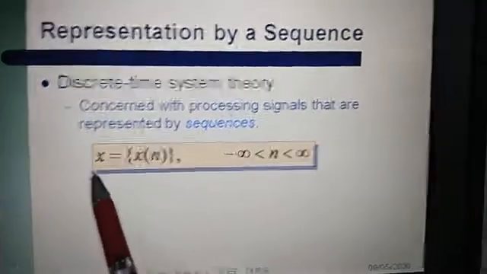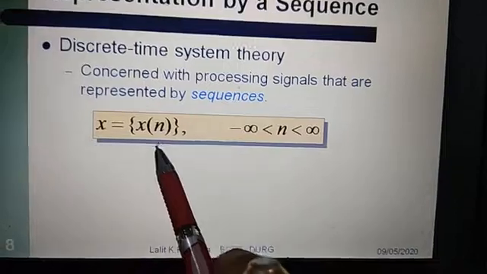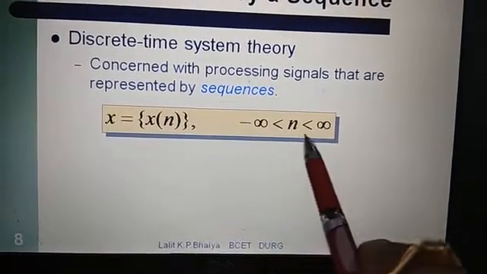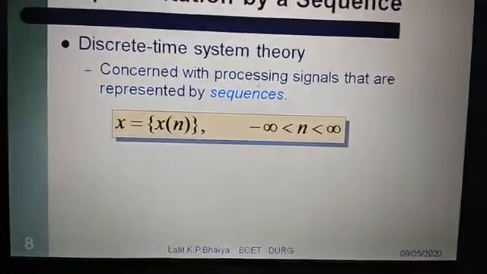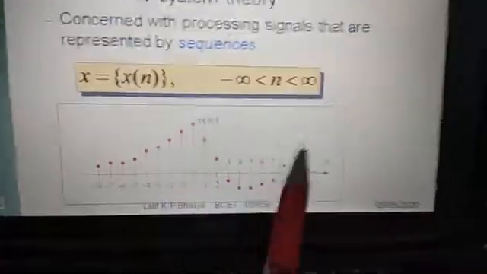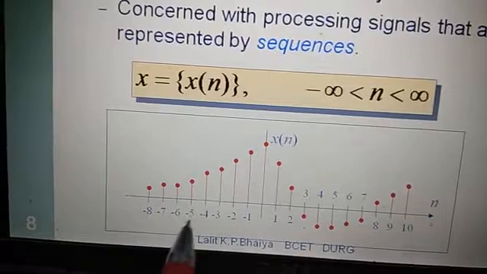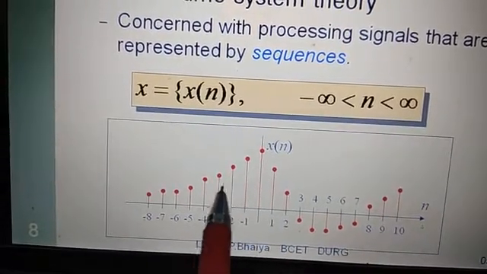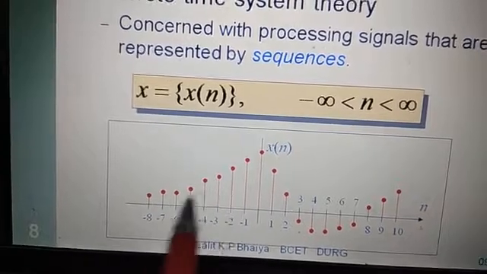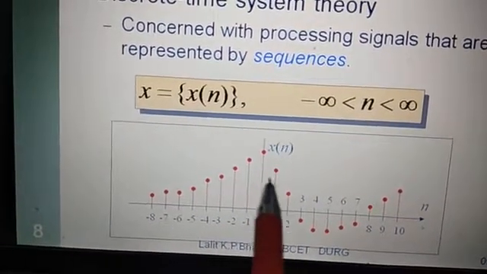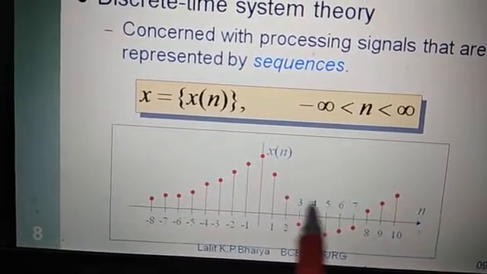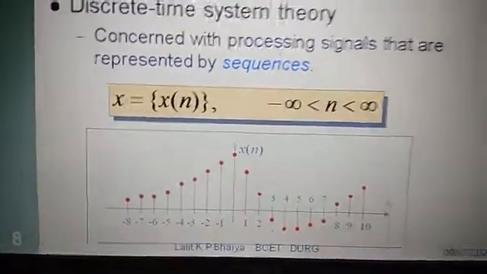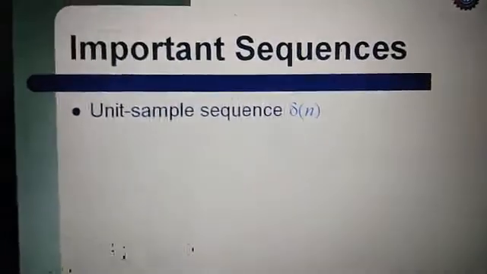You can see here x is represented by x of n, where n is greater than minus infinity and less than infinity, and this sequence is shown in this graph. This type of representation is used for the discrete time system.